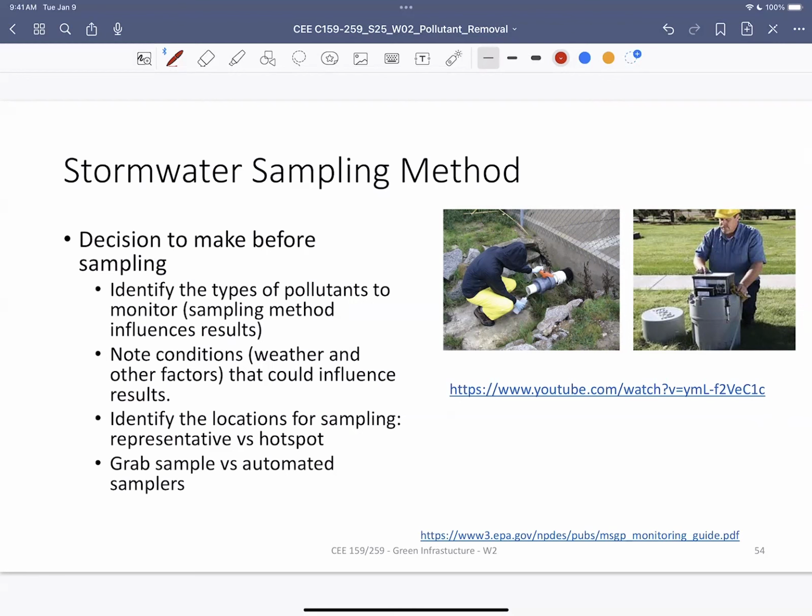If so, what time after the rainfall, and what does the weather look like? That way you can explain your concentration later. Then identify the location. Is it near the inlet or outlet, and is it near the hotspot? And then at the end, you have to decide, based on the resources you have, whether you can use grab samples or auto samplers.